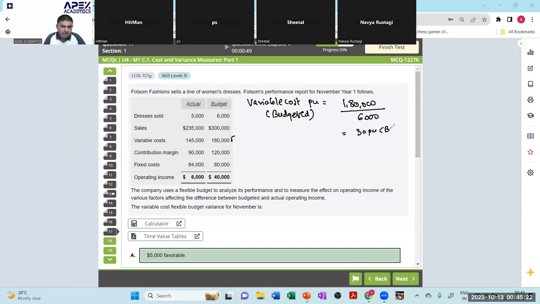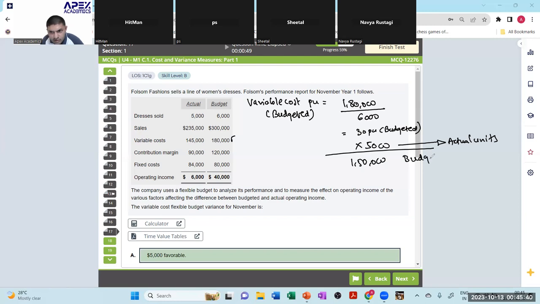But this is budgeted. Multiplied by... now revise this. This will go up to how many? 5,000. Why? Because 5,000 is actual units. What am I left with? 1,50,000.